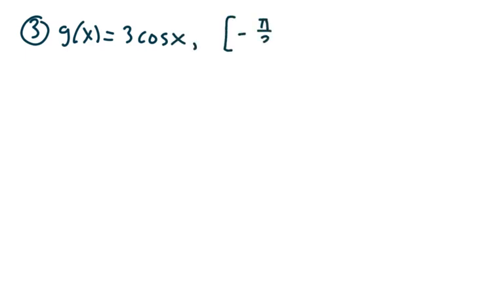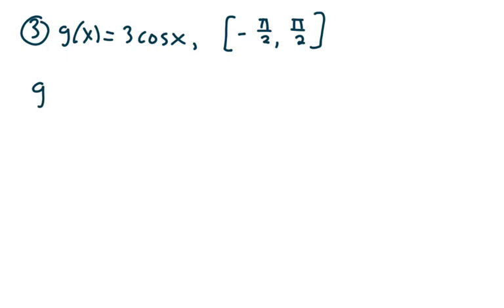Let's take a look at problem 3. Suppose g of x is 3 cosine x. And the interval is negative pi over 2 to pi over 2.